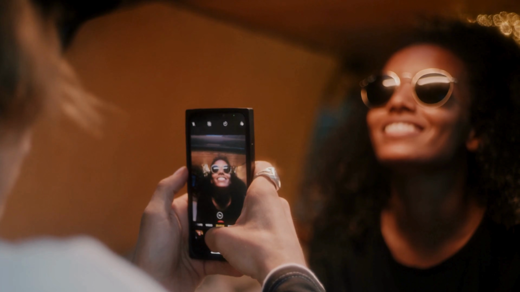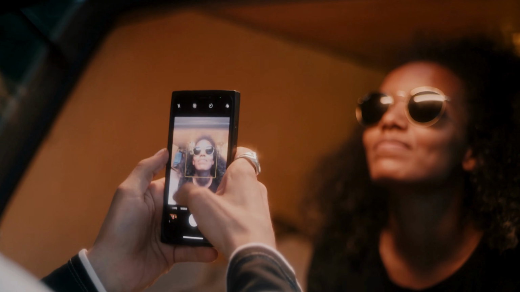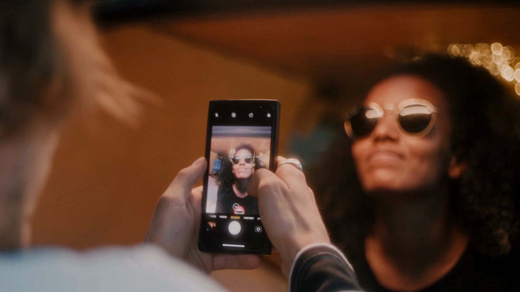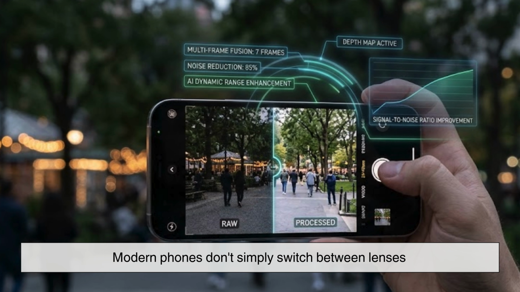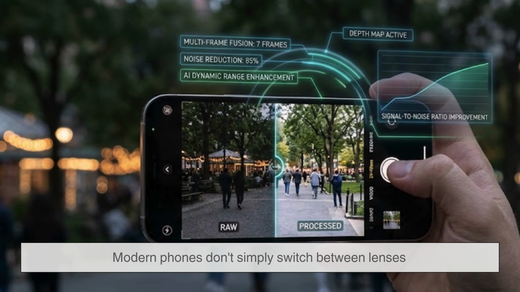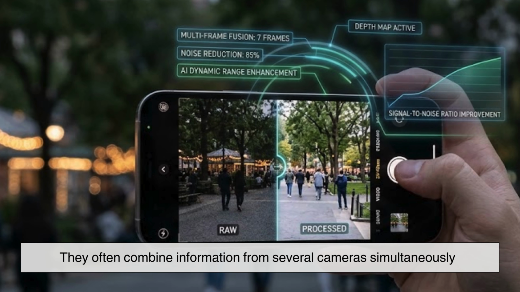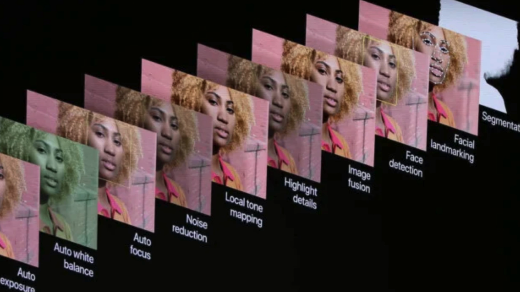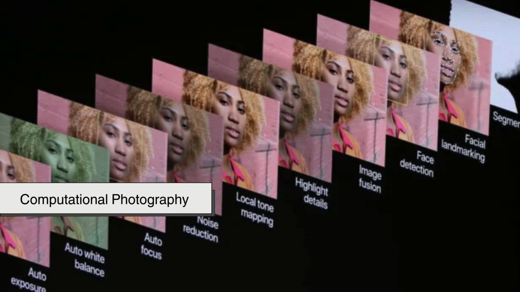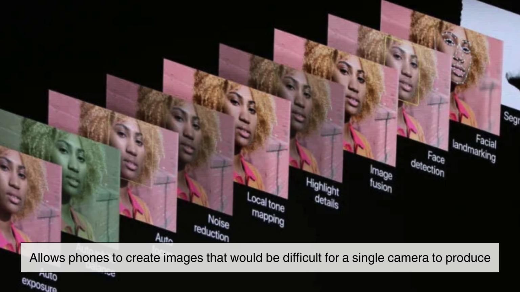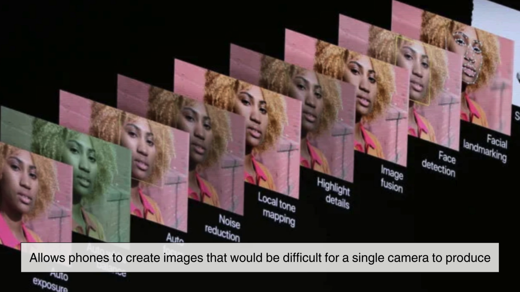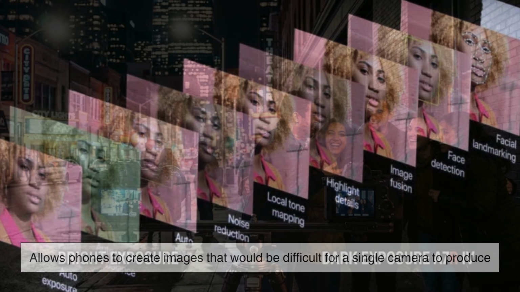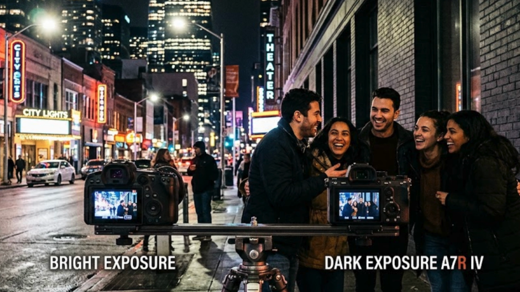As smartphone technology advanced, camera systems became even smarter. Modern phones don't simply switch between lenses. They often combine information from several cameras simultaneously. This process, known as computational photography, allows phones to create images that would be difficult for a single camera to produce. Imagine taking a photo at night.